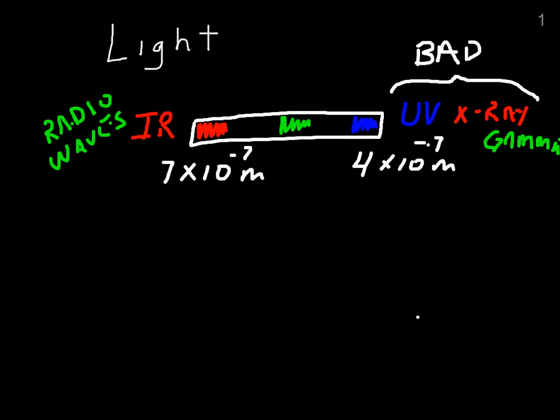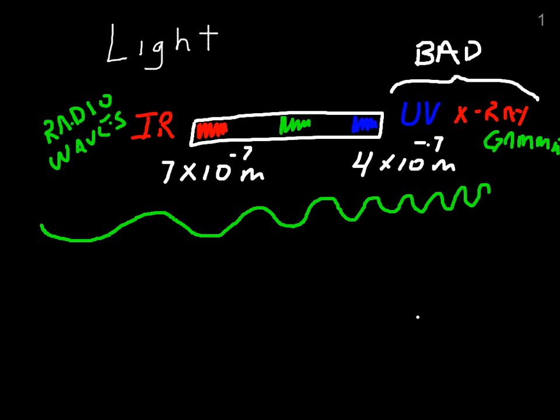Now, if I were to be moving across this, okay, in terms of a wave, I'll do a green wave. Down here, the wavelength would be really long. But as I move across, it gets shorter and shorter, until we get up here and it gets really short.